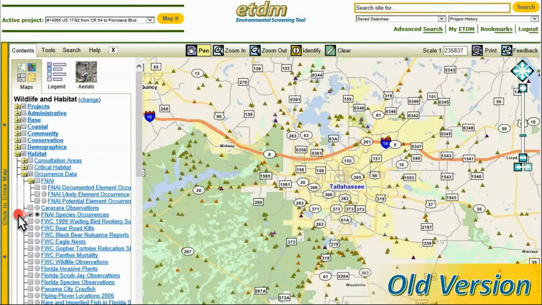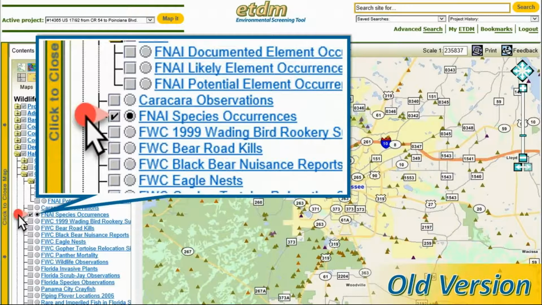In this version, there was no description or categorization of the likelihood of occurrence for these data points. They only generally informed the user that at some point, in other words, the date of observation, the element was observed. The old version of the data layer was named FNAI Species Occurrences.